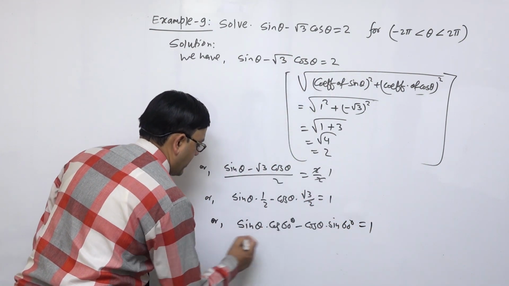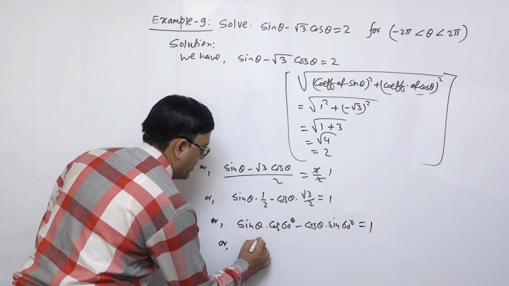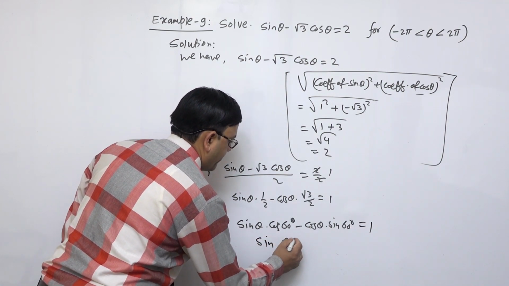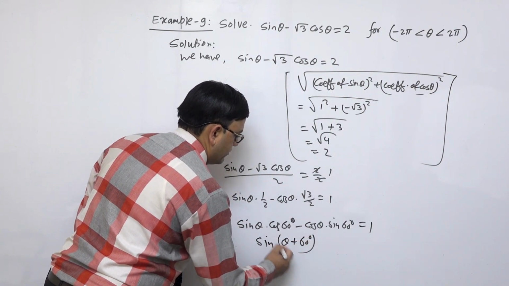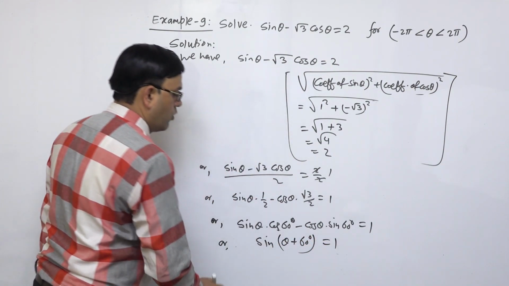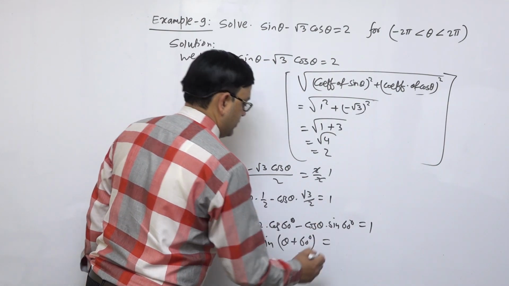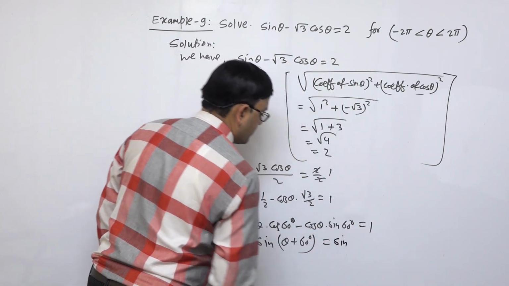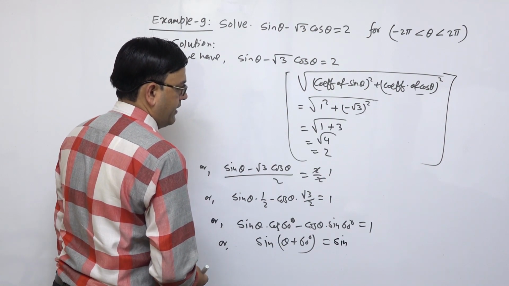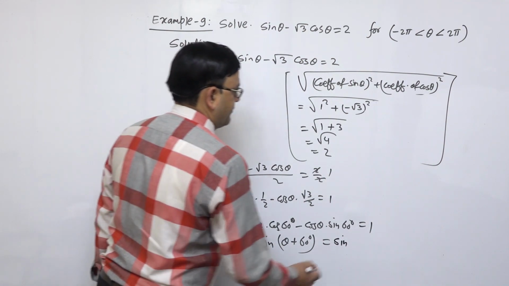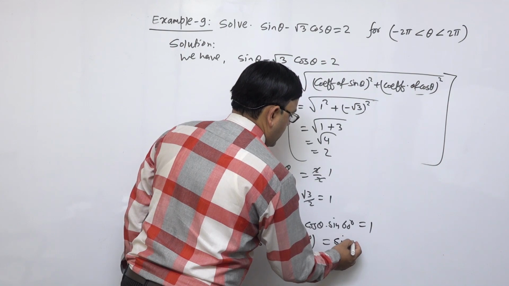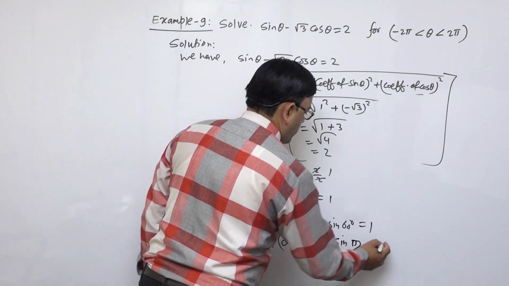So the formula of sine A cos B minus cos A sine B is sine A minus B, is equal to 1. Instead of 1, we can write the value of sine 90 degrees, which is 1. Sine 90 degrees is pi by 2.